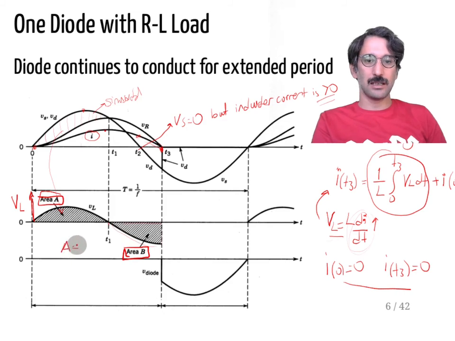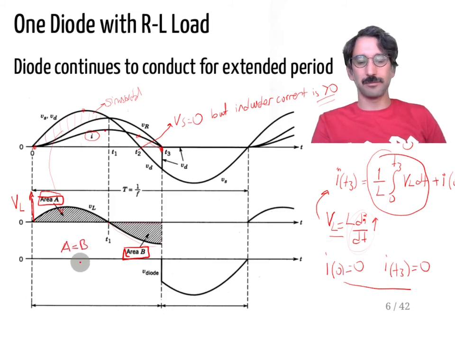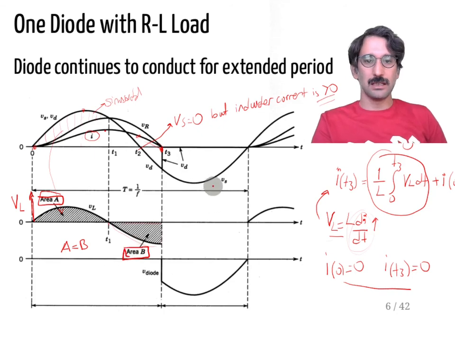A is equal to B. It may sound strange at first, but you can derive it yourself, and it's a well expected behavior.